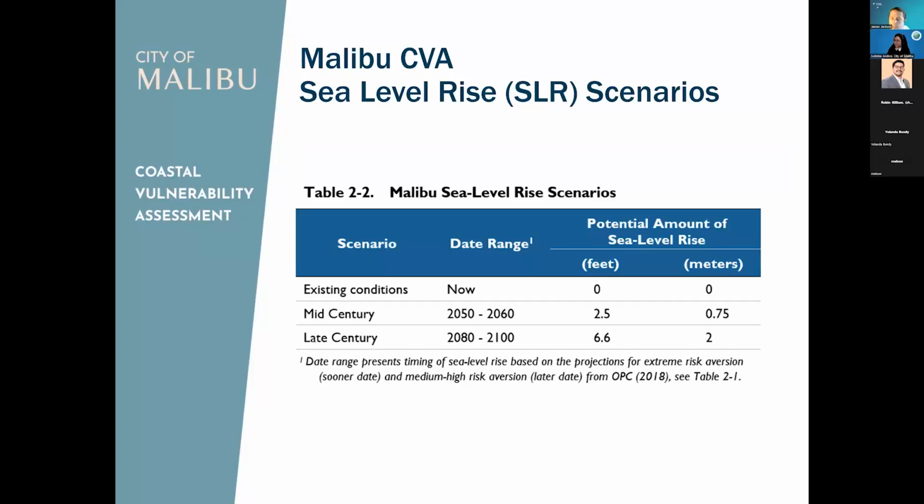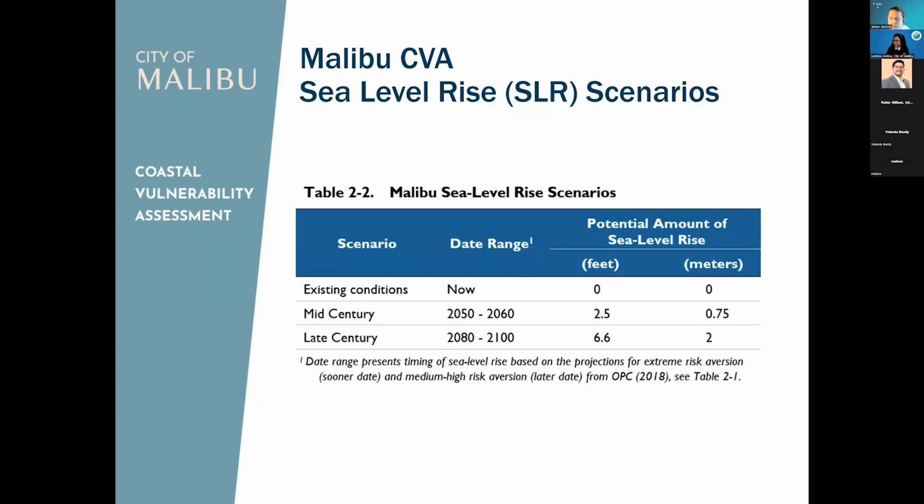The Coastal Vulnerability Assessment analyzed 3 sea level scenarios: existing sea level or existing conditions, and 2 future sea level rise amounts of 2.5 feet and 6.6 feet. The projected date ranges shown here represent planning timelines that should be used depending on a project's risk tolerance, following the 2018 state guidance on sea level rise.